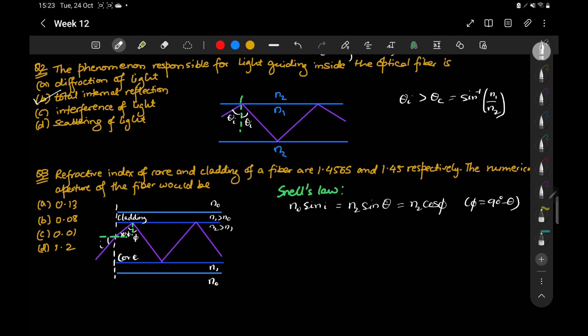Now for total internal reflection at the core cladding interface, we need to have phi greater than theta c, and theta c is nothing but sine inverse n1 over n2.